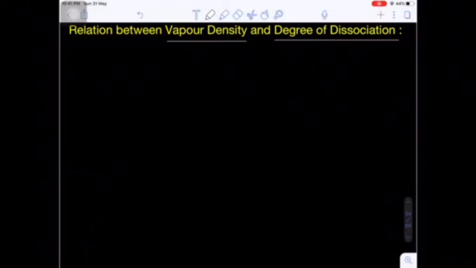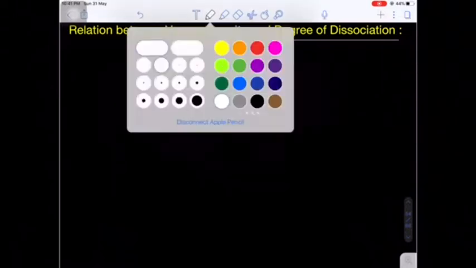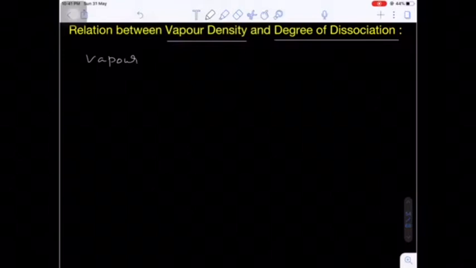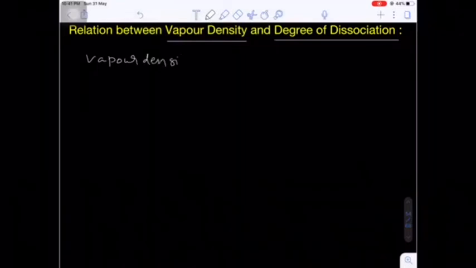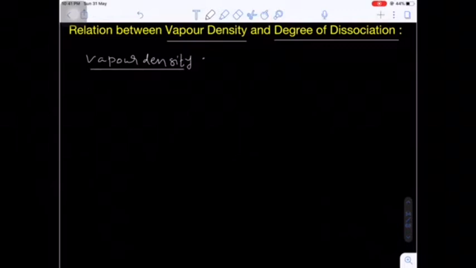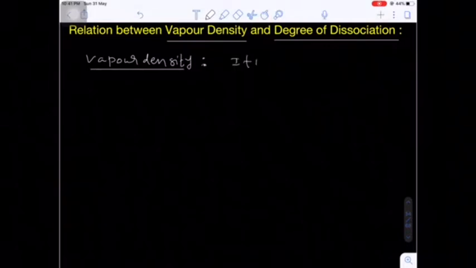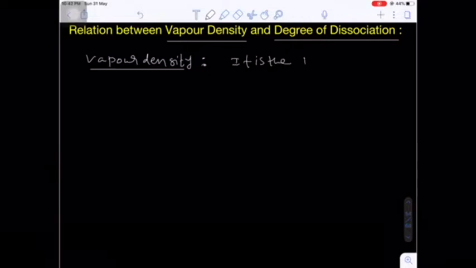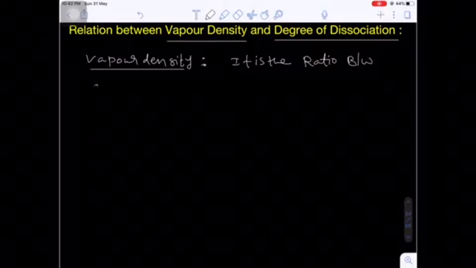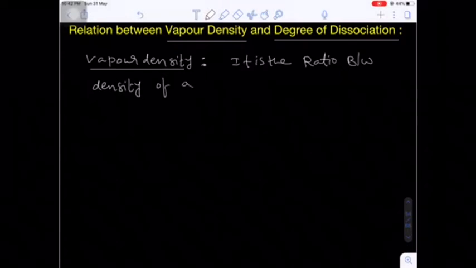Before going to derive the relation, first of all, what is the definition of a vapor density? Vapor density is defined only for gaseous substances.